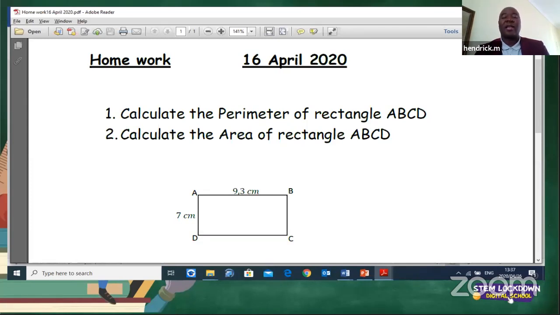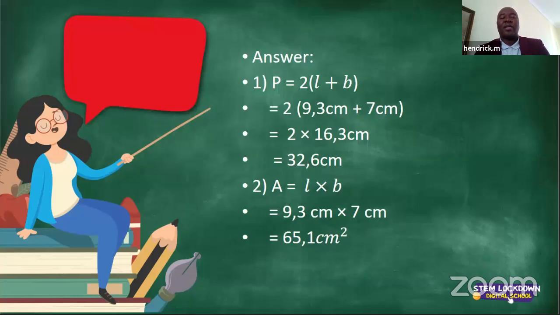As you can see in the next slide, where I've shown you how to calculate both the perimeter and the area, the first one is 32,6 centimeters, you are correct. And the next one, the area given by A, is equal to L multiplied by B. L times B gives you 9,3 times 7, which gives us 65,1 square centimeters.